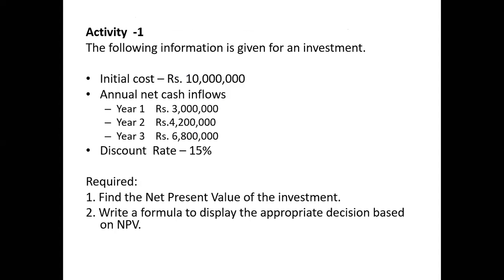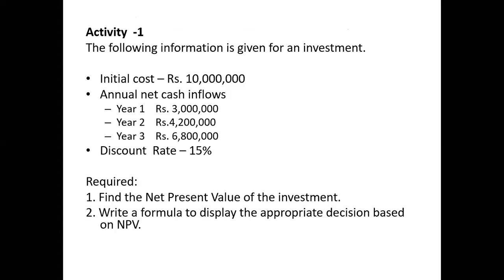Then we took an activity where we worked this out both manually and using the NPV function. Thereafter, we saw some limitations in the NPV function, and I also took you through how to overcome that.